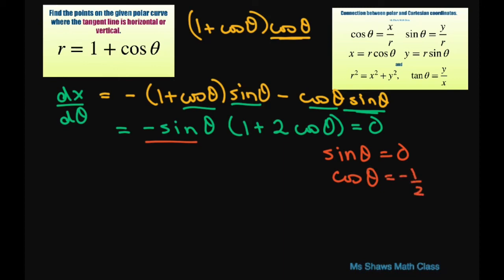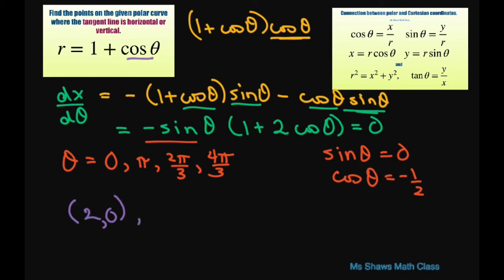So that means our angles are going to be 0, pi, 2 pi divided by 3, and 4 pi divided by 3. So our vertical tangents are going to be at, we have 0, substitute that in, and you're going to get 2.